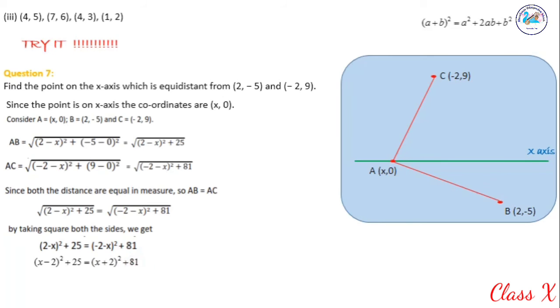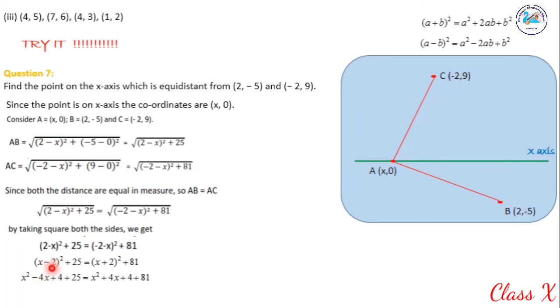So we know the formula (a plus b) the whole square is a square plus 2ab plus b square, and one more formula, (a minus b) the whole square is a square minus 2ab plus b square. Using that formula, we expand this. a square is x square, minus 2ab, that is 2 into x into 2, so 2 into 2 is 4, and 4 into x is 4x.